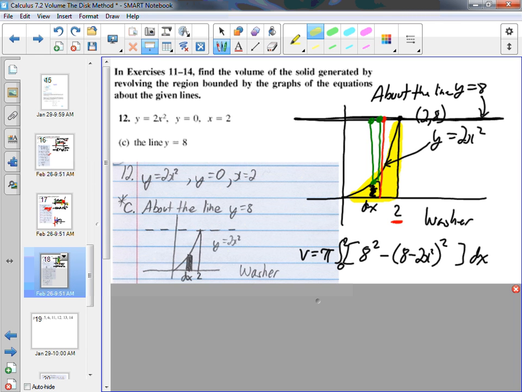All right, everybody see the region we're looking at? All right. Not the blue region. That's the hollow part. The blue region's the hollow part. The yellow region is our solid. Okay? All right. Go for it. See what happens.